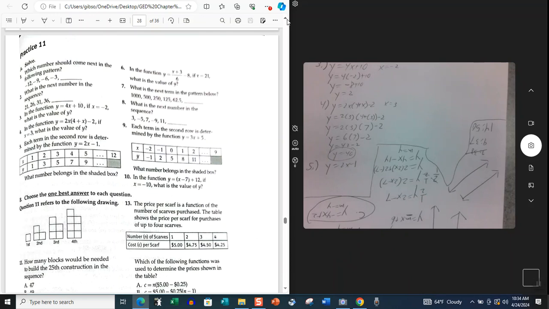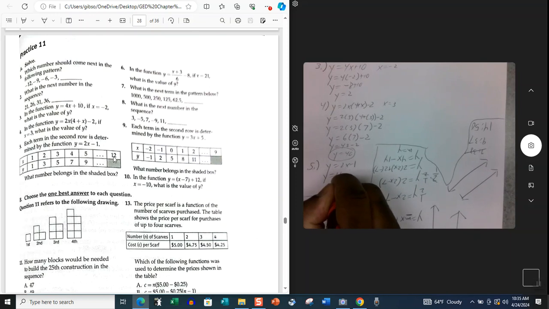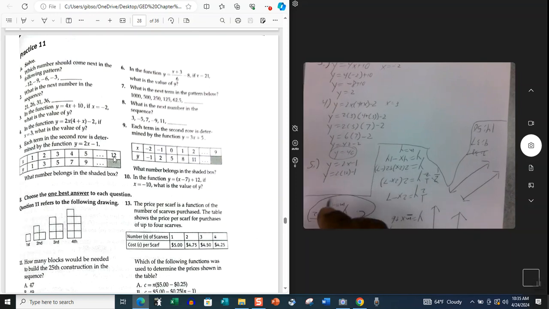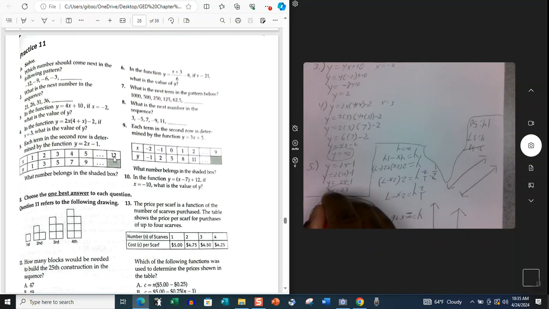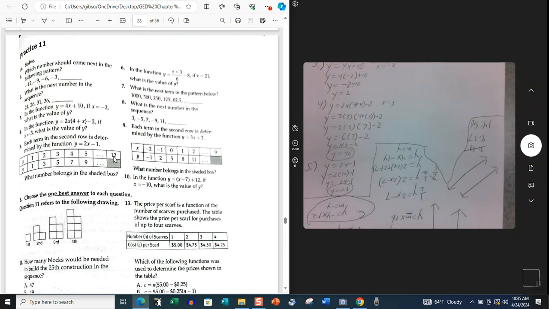So if you look here, these top numbers are x values, and the bottom numbers are y values. So we're trying to solve for y. But we're given that x is 12. So we would substitute in 12 for x. So we have y equals 2 times 12 is 24 minus 1. 24 minus 1 is 23. So that took care of problem number 5.